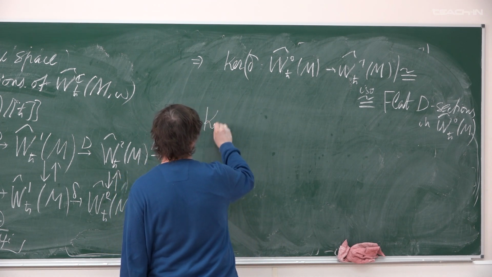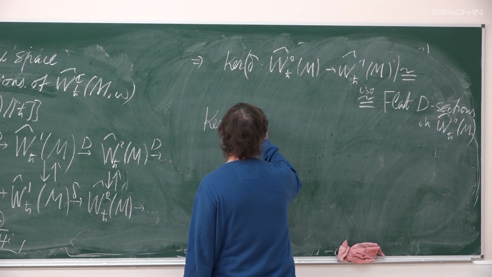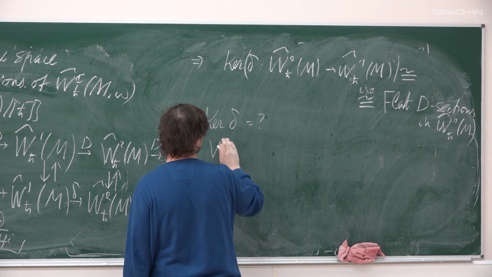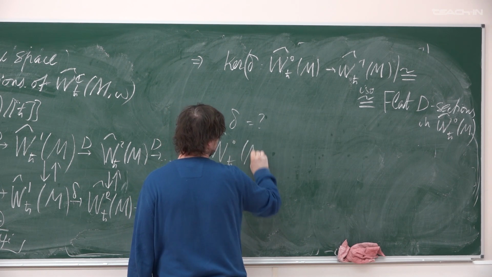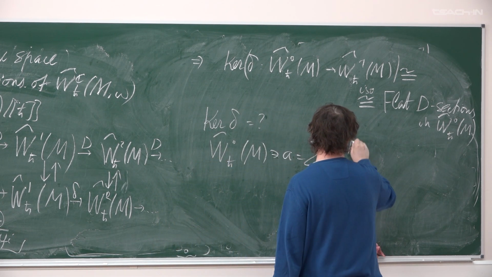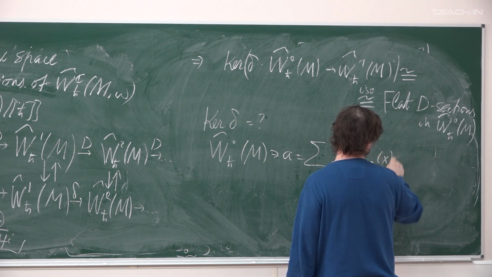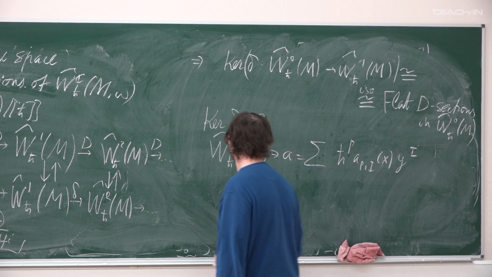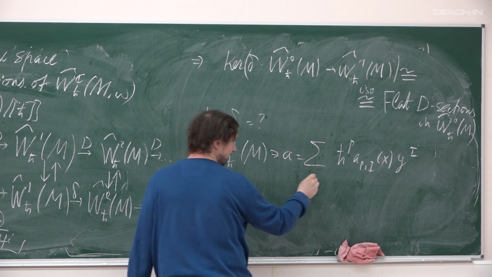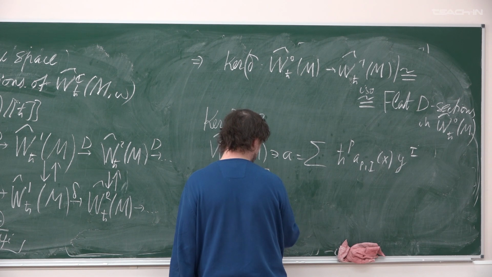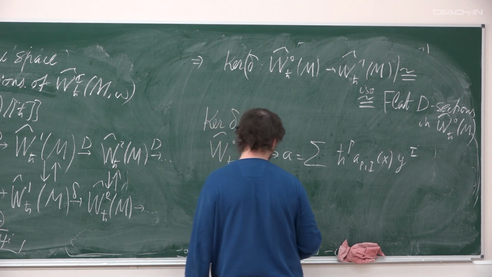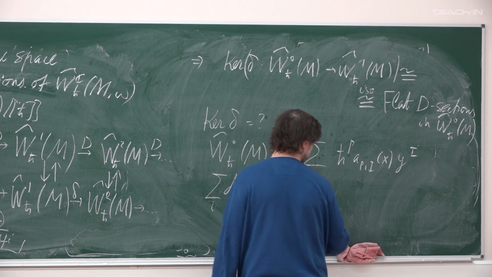So what is the kernel of delta? Any element here looks like a formal sum h bar to the power p a p I of x y to the power I. A kernel would mean that if you take this element differentiated by y and multiply by dxi, and take the sum over I, you'll get 0.